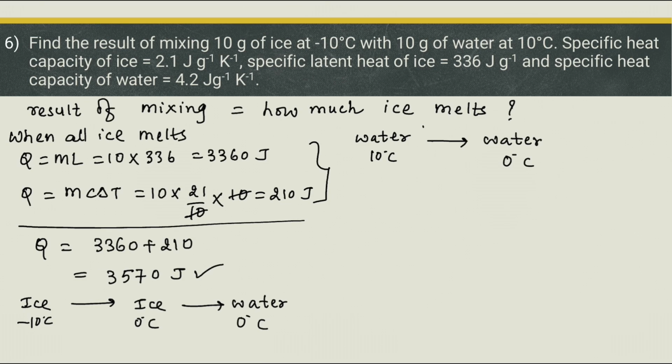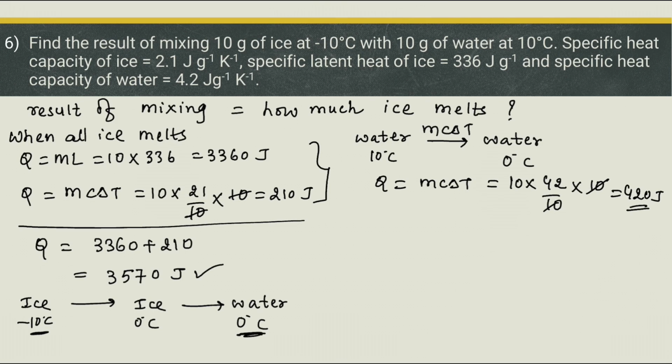Heat energy released is mc delta T, that is mass 10 gram, specific heat capacity 4.2, and temperature difference 10, so it is 420 joules only. Whereas the heat energy required to convert ice at minus 10 to water at 0 degrees Celsius is 3570 joule.